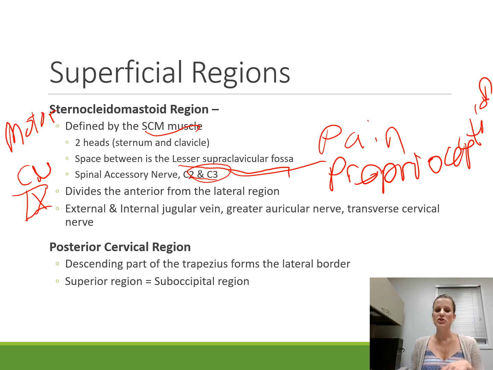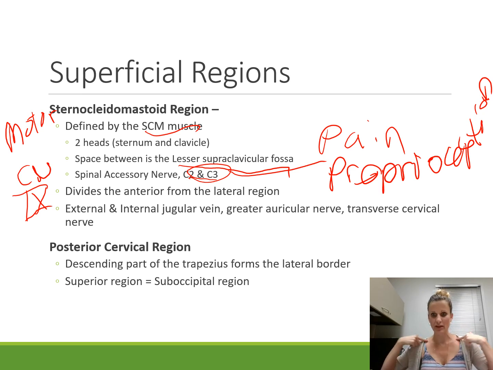The posterior cervical region is another simple one because it's defined by the trapezius muscle. So the trapezius muscle, like if you try and shrug your shoulders up, you can see it raise right there. So this descending portion, this top area of the trapezius muscle, forms the lateral border of the posterior region.